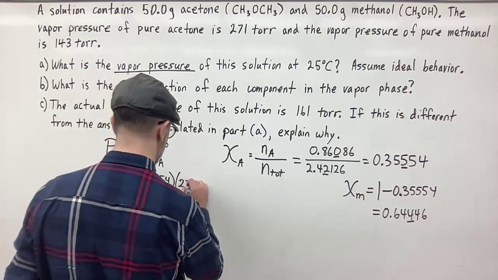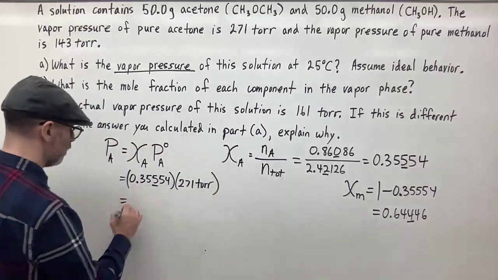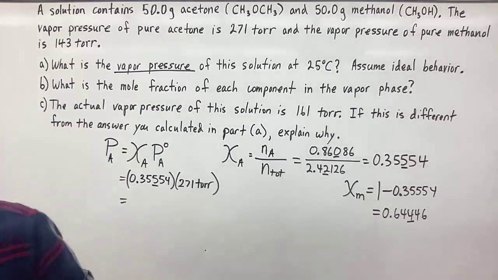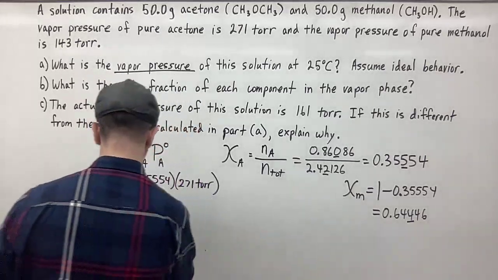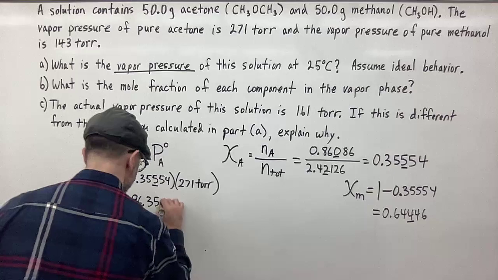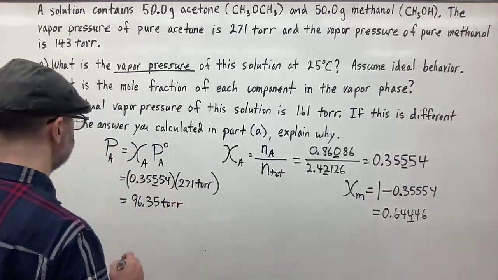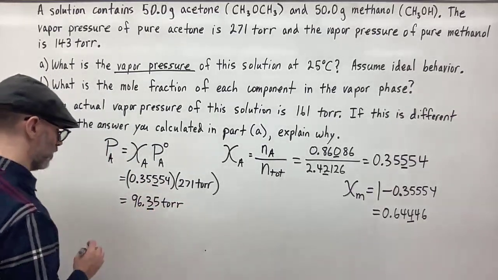So 271 Torr. And when I multiply those together, I get 96.35 Torr. And again, 3 sig figs.